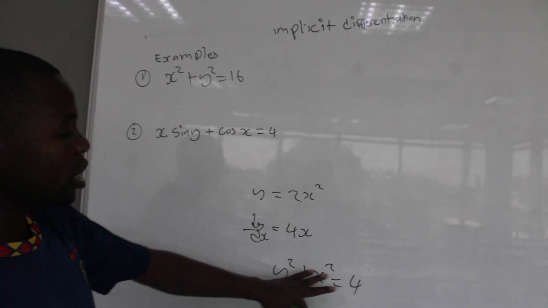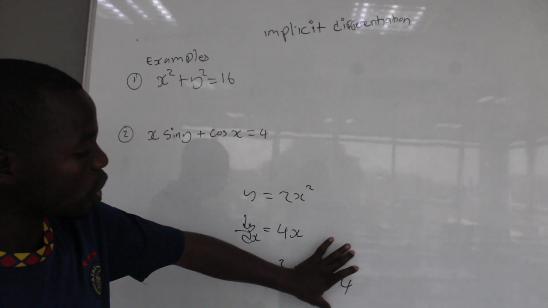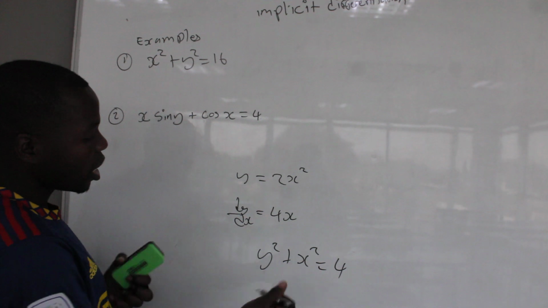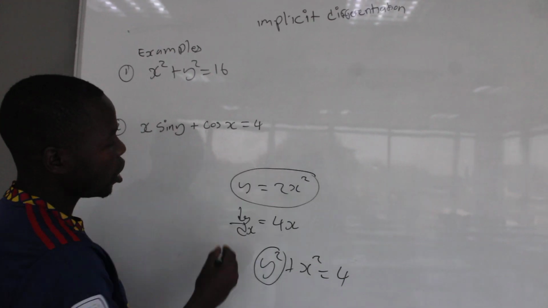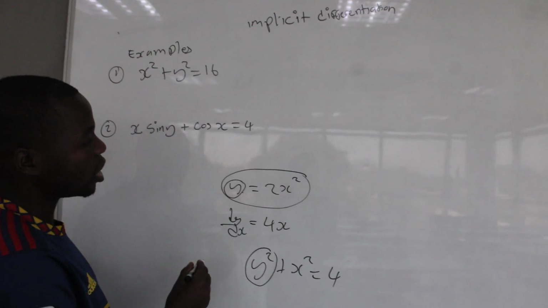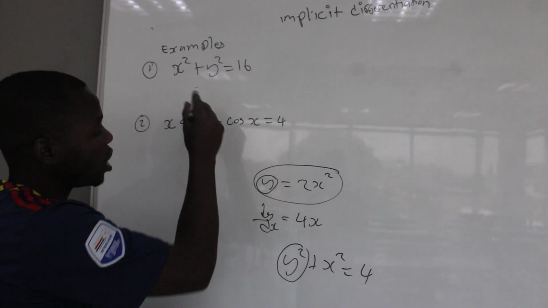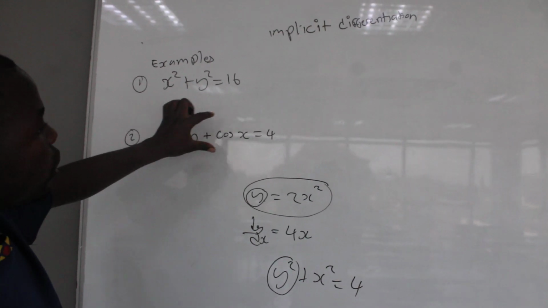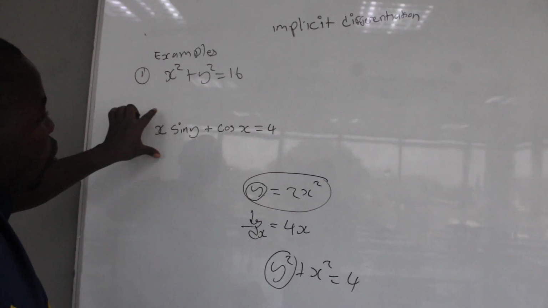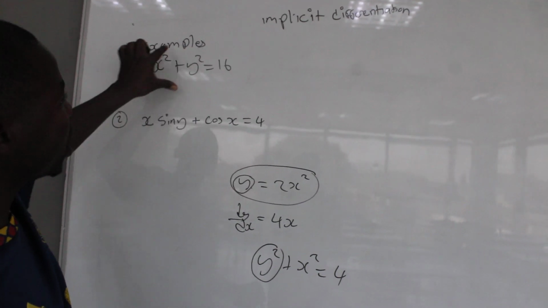So we use implicit differentiation for functions where y is not isolated, as you can see here, y is within the function. So we are going to use implicit differentiation to differentiate these functions.